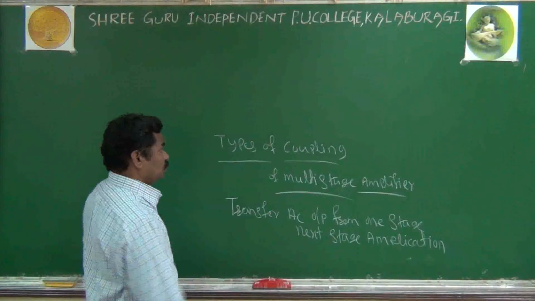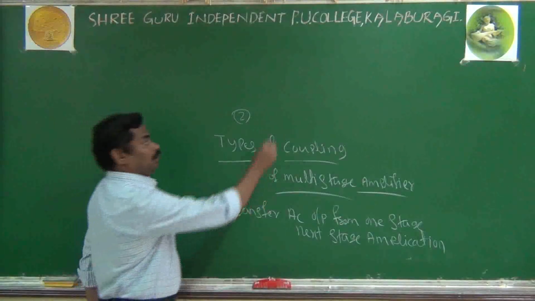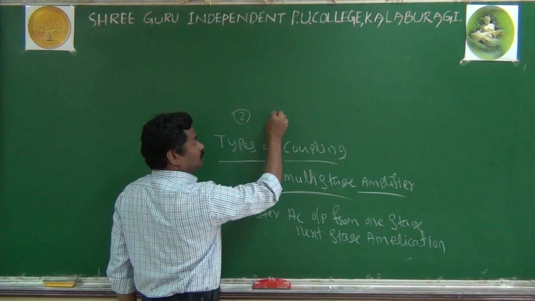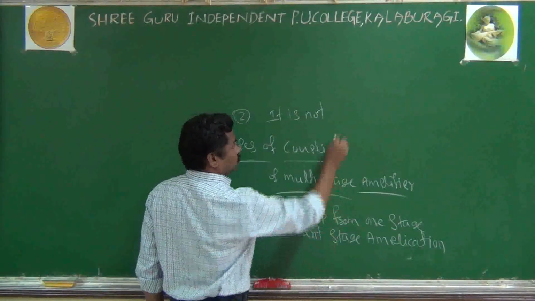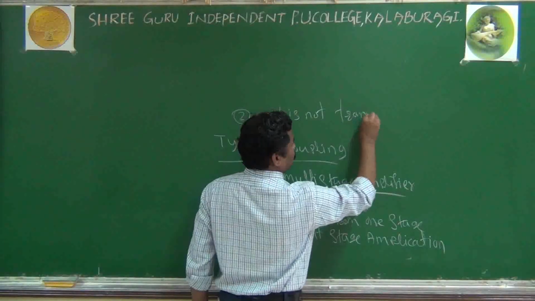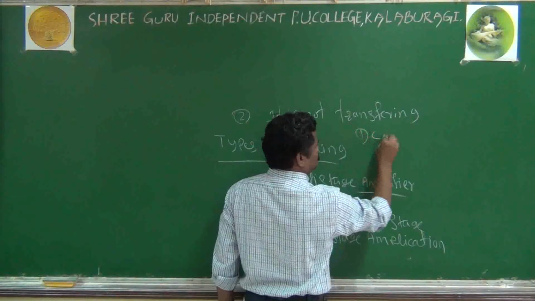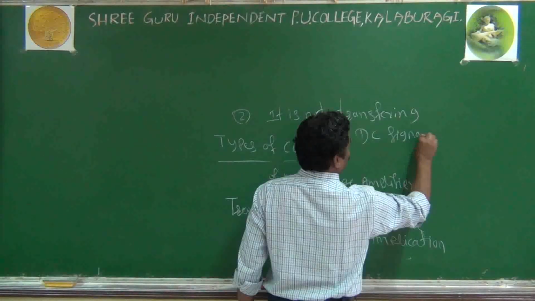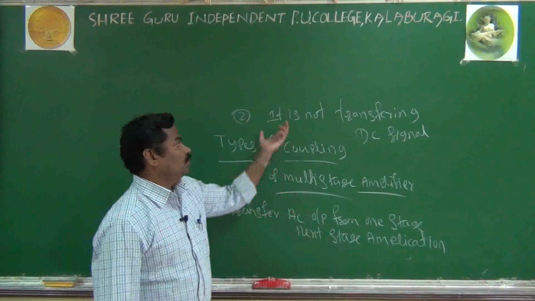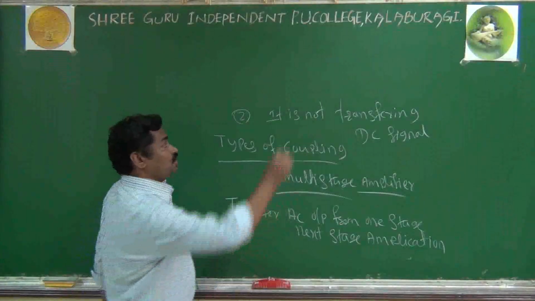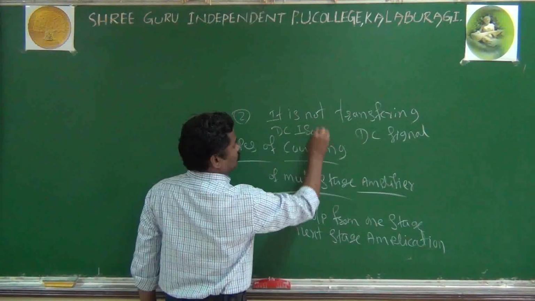The second one is DC isolation. It is not transferring the DC signals. Only the AC signal will transfer from one stage to another stage. The DC signal is not transferred, which is also called DC isolation.